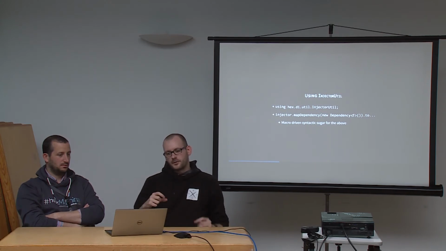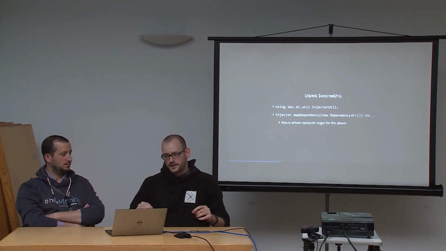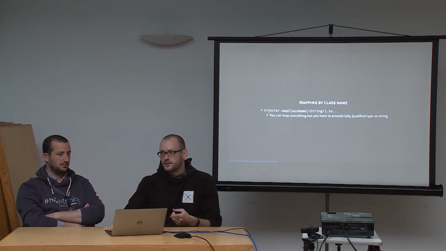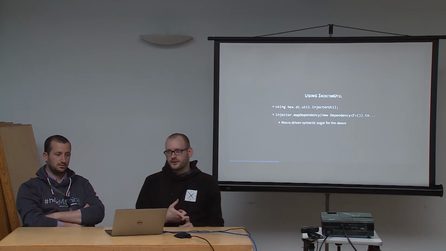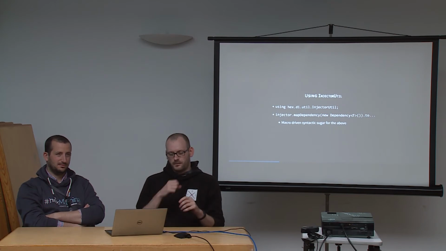And the macro underneath will transform this call into this call. So you don't have to worry about strings, refactoring will work, you can use imports, you can drop the fully qualified class name and have that mess all over the place. You can just use this map dependency.